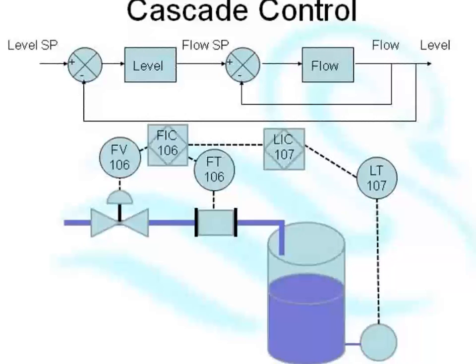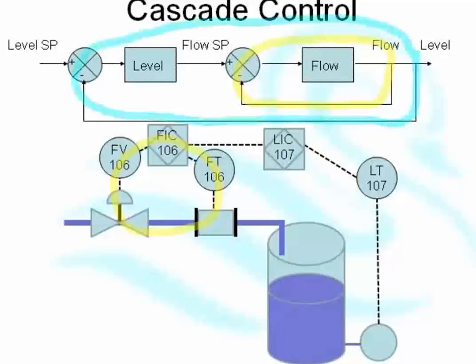Okay, now this is what cascade control looks like. What I've got here is a loop within a loop. Looking at this again, I've got the inner loop, which is the flow loop, which is this bit, and I've got the outer loop here, which is the level loop.